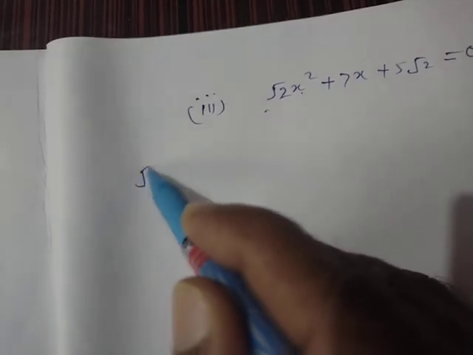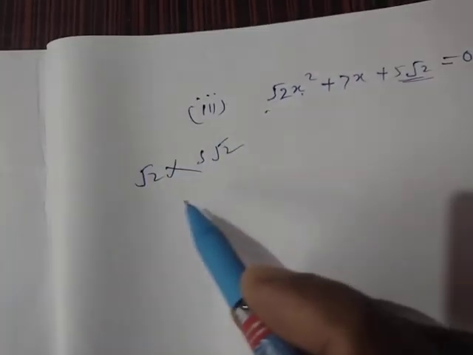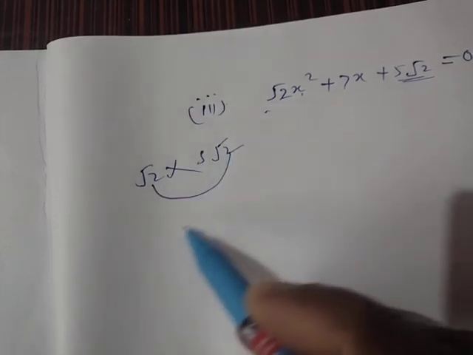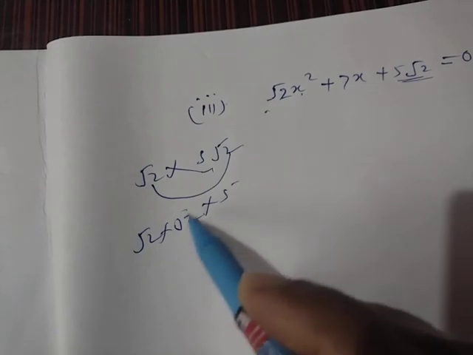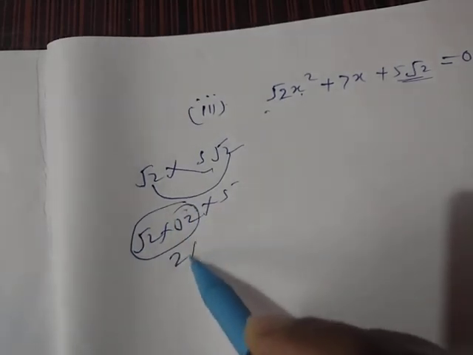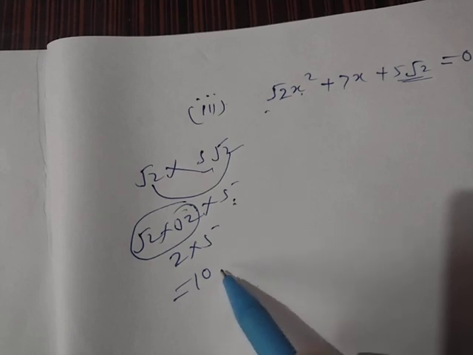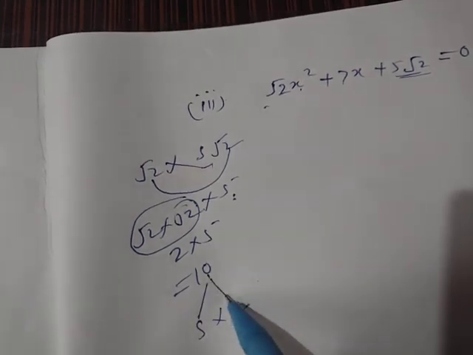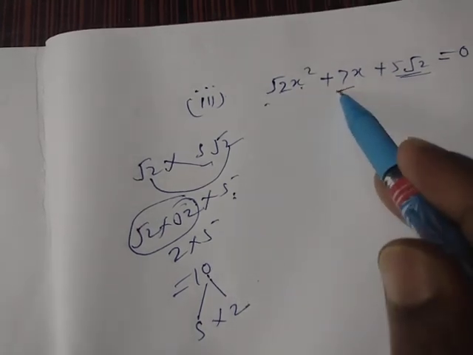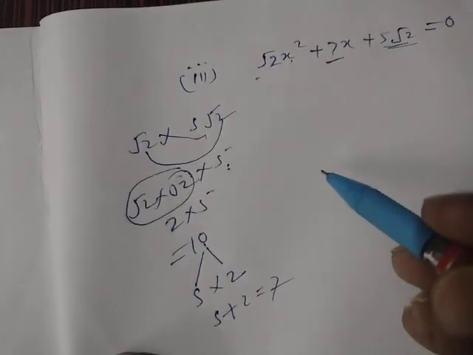Coefficient of x square, root 2, into constant 5 root 2: root 2 into root 2 into 5. Root 2 into root 2 will be 2, into 5, it is 10. Then you have to factorize 10: 5 into 2. Then you bring its middle term 7. 5 plus 2 is equal to 7.